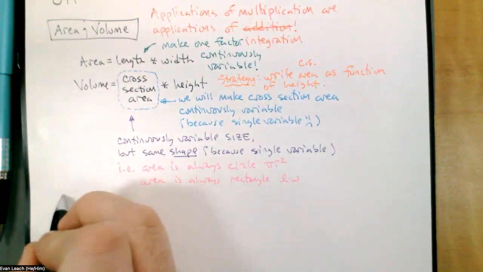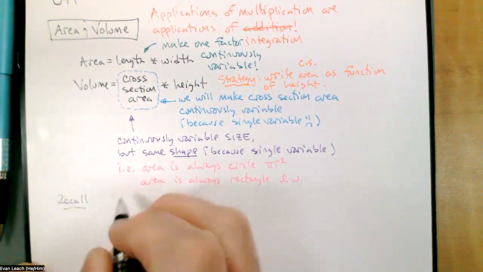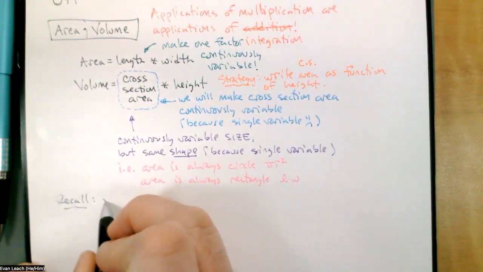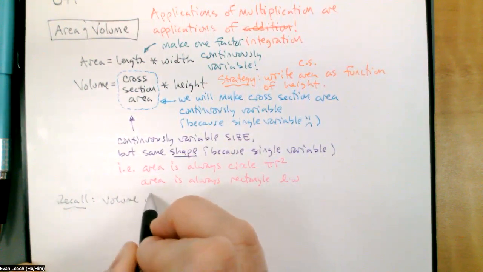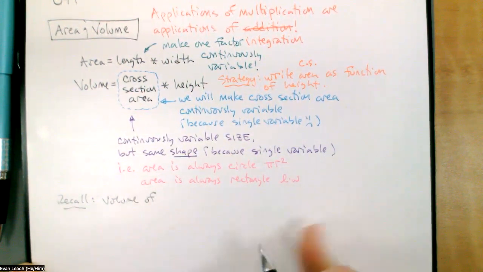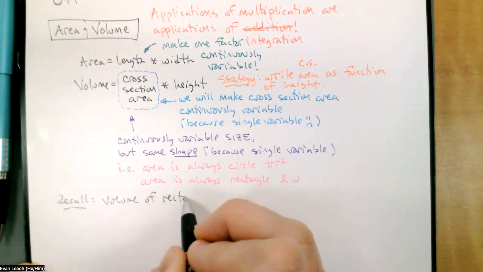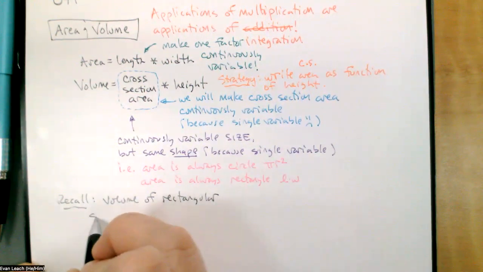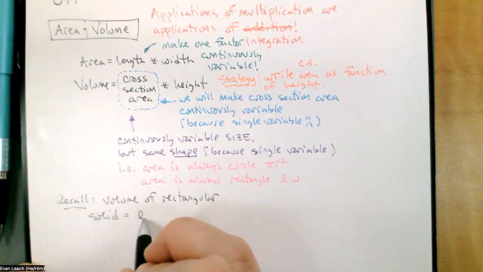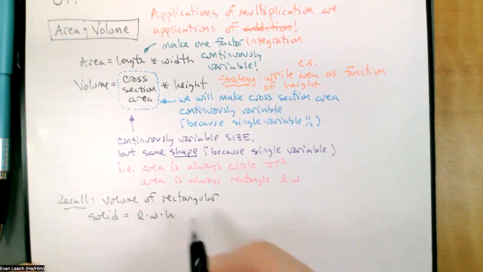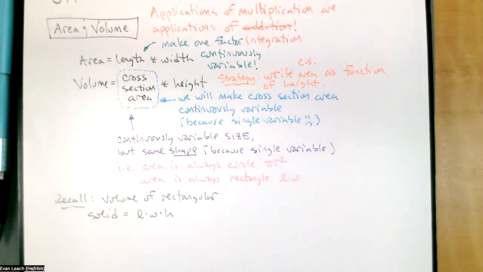So recall, the volume of a rectangular solid is the length times the width times the height. Length times the width is the area of one of the faces. We just multiply the area of one of the faces by the height.